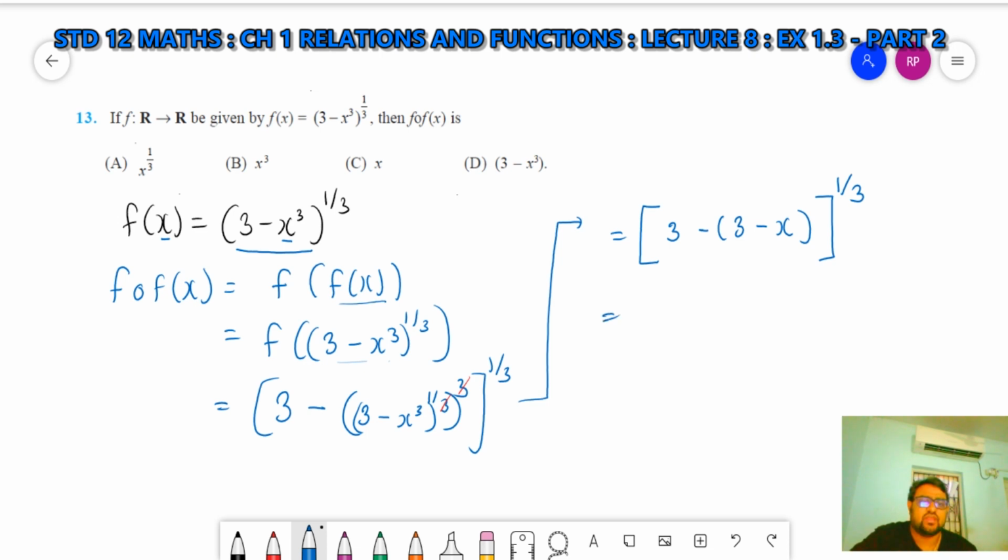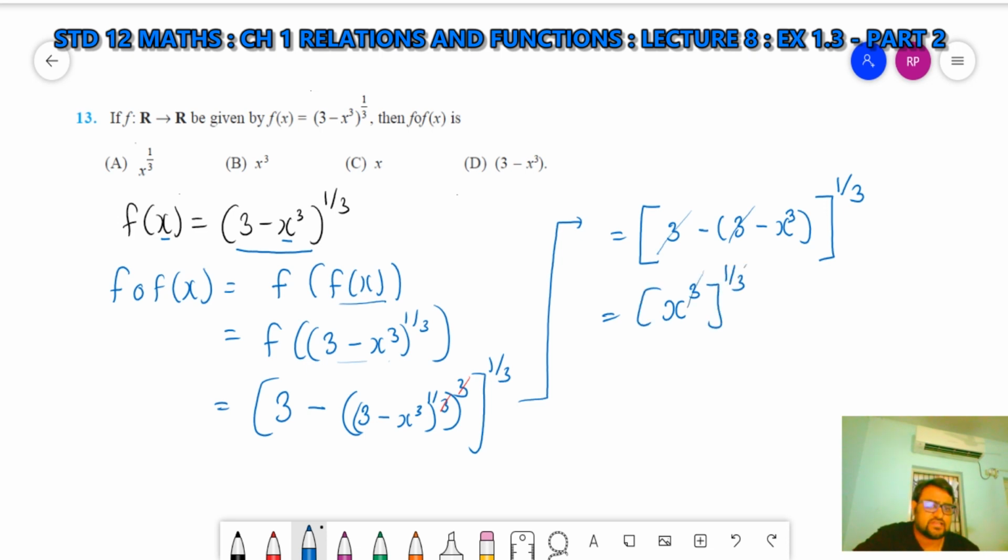So now 3 minus 3 will get cancelled, minus minus plus, so it will be x cube whole raised to 1 by 3. Here there was a mistake, it's x cube. Clear? So 3 minus 3 cancels, minus minus plus x cube whole raised to 1 by 3.